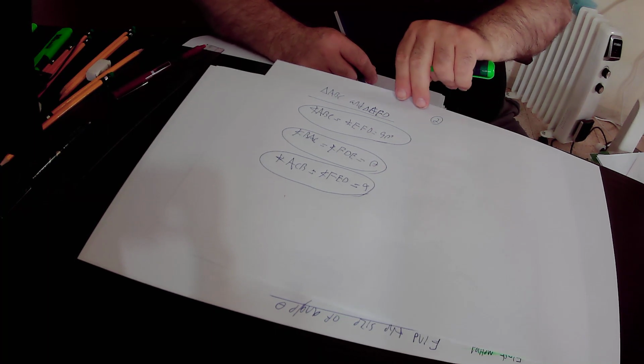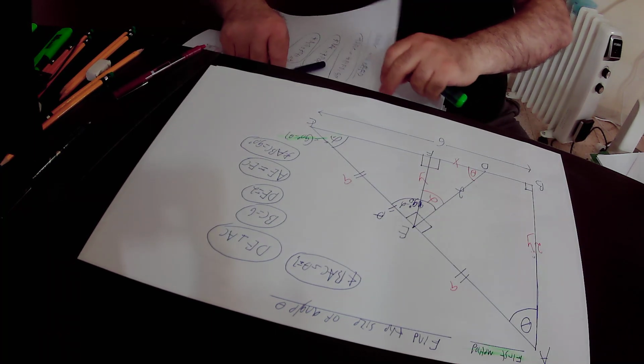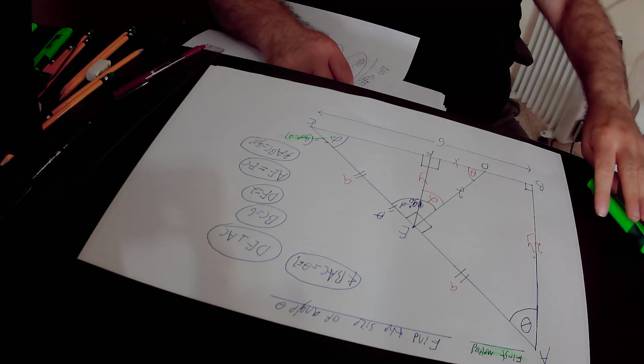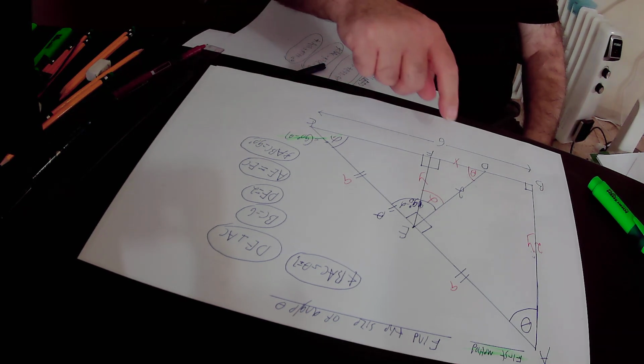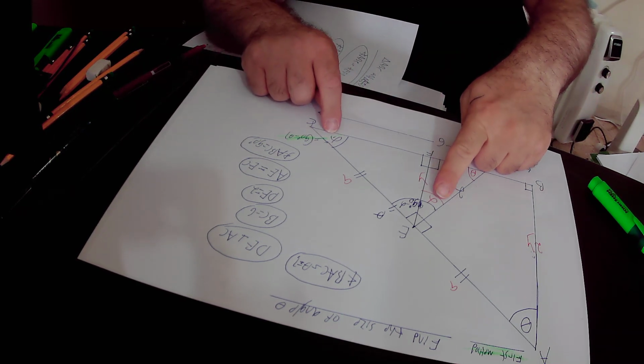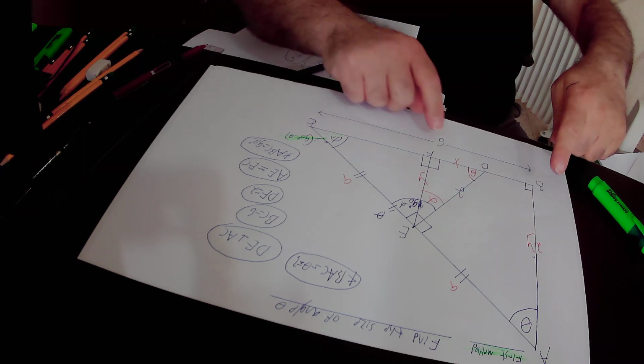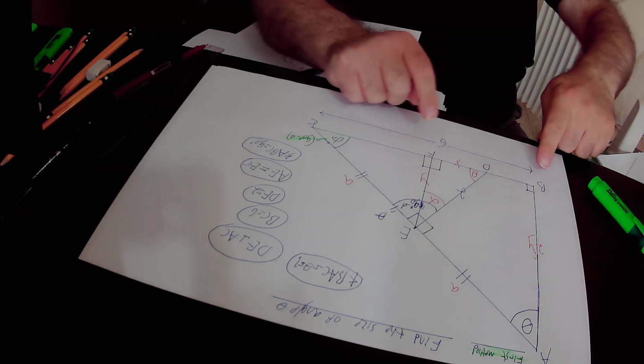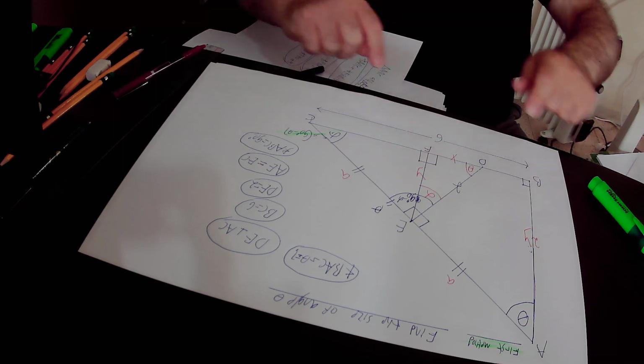Therefore, we proved that all three angles of triangle ABC correspondingly equal all three angles of triangle EFD. Both those two angles are equal to alpha, both those two angles are equal to theta, and both those two angles are equal to 90 degrees.